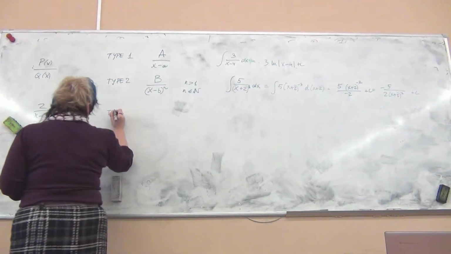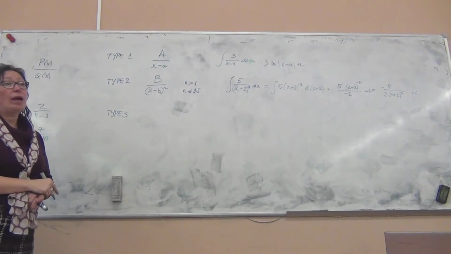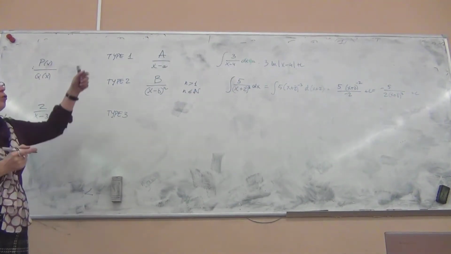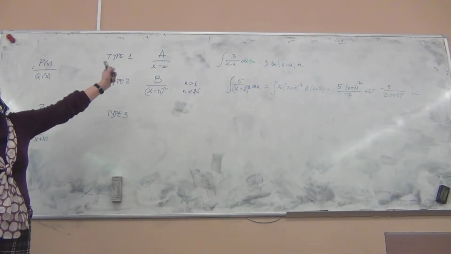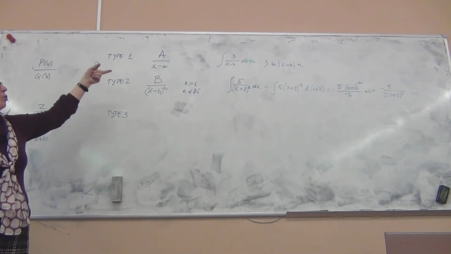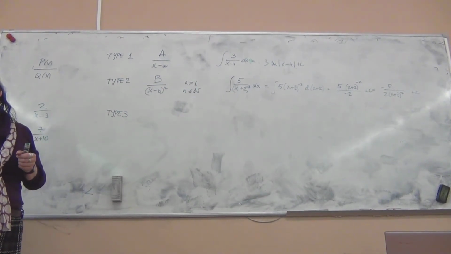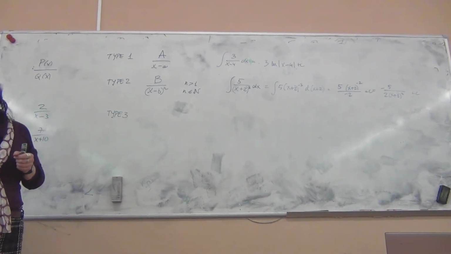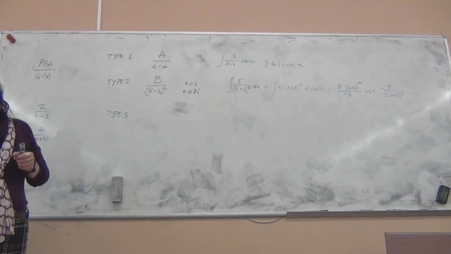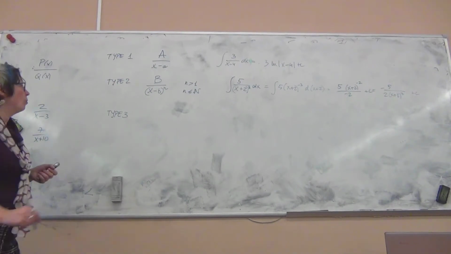Type 3. Sometimes we just don't have linear factors in the denominator. Sometimes you simply cannot factorize into such linear factors. Sometimes you simply get a quadratic trinomial with negative discriminant. We call them positively definite trinomials.